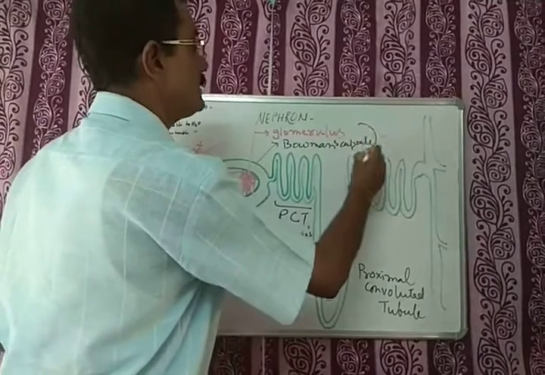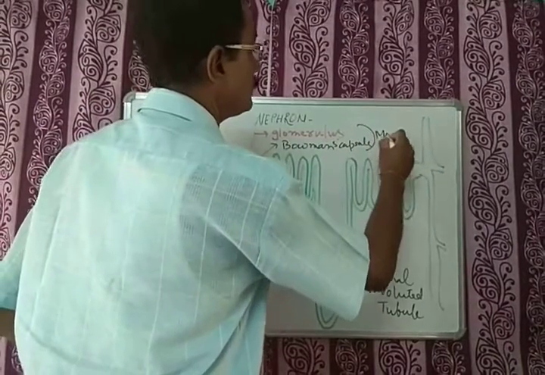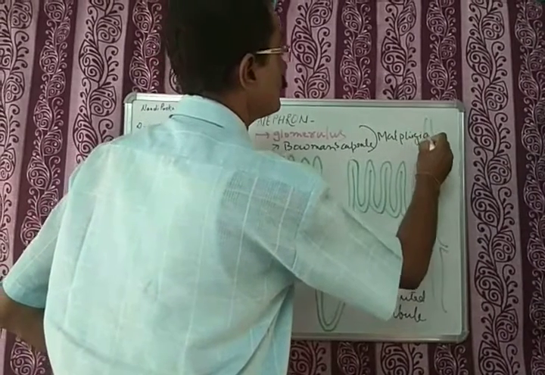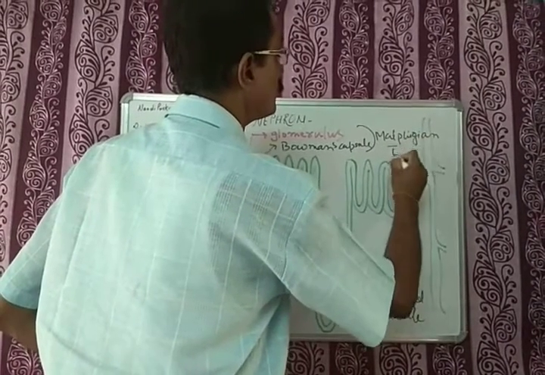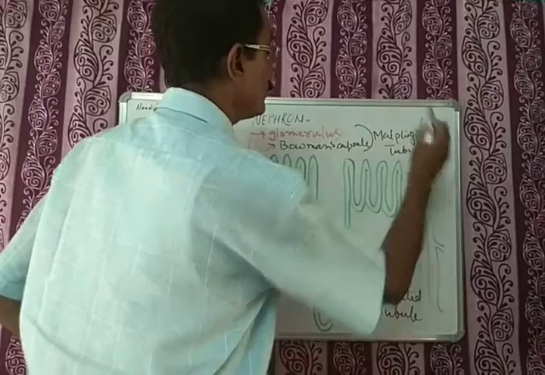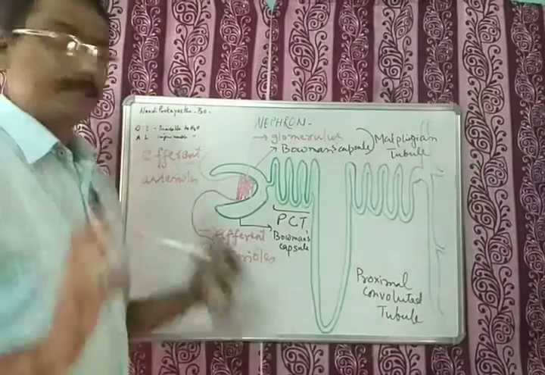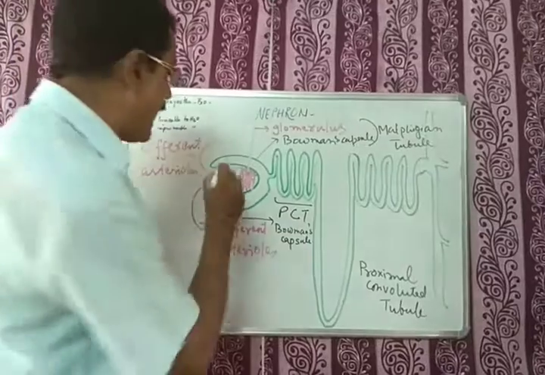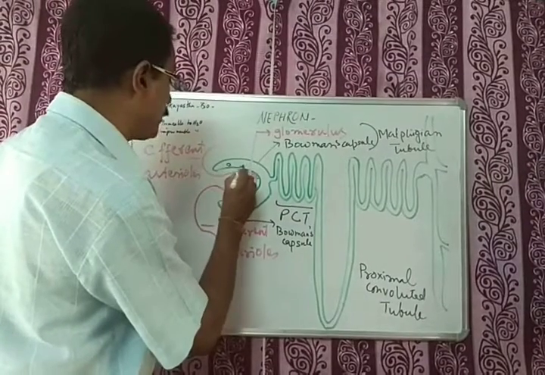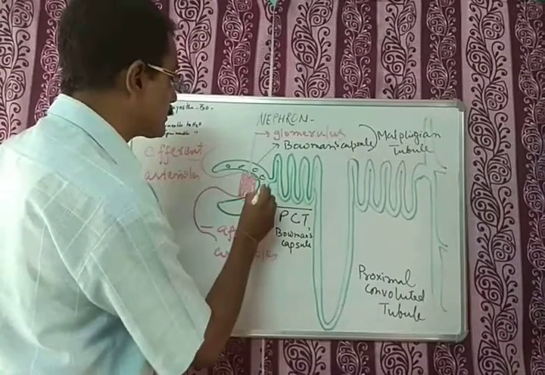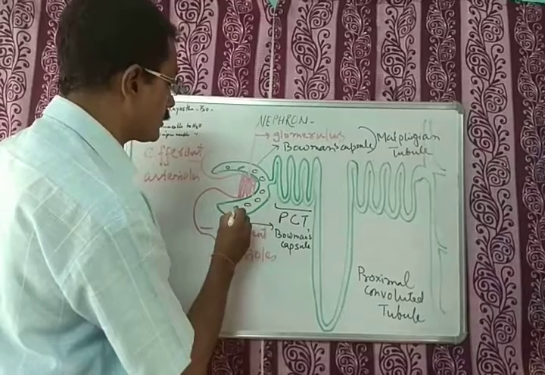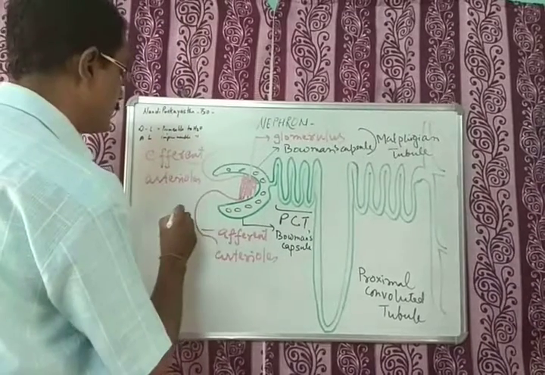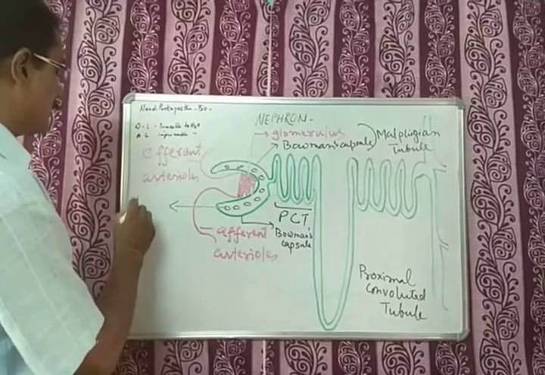And the glomerulus together is called the Malpighian body. Understood? So this Bowman's capsule has in it some absorbing sites. These are called, here I am putting it, podocytes.